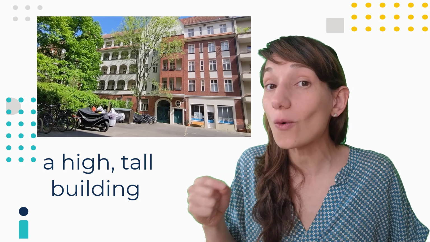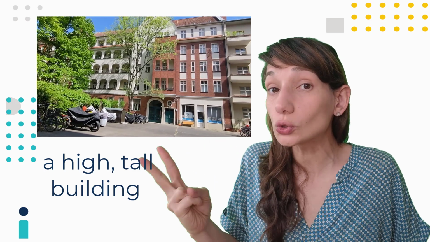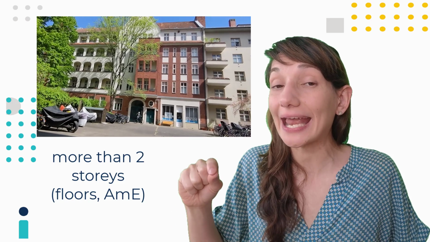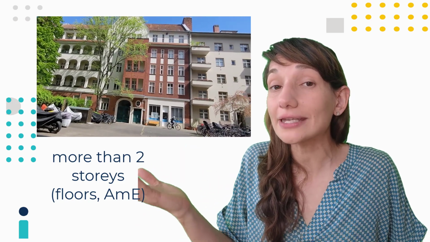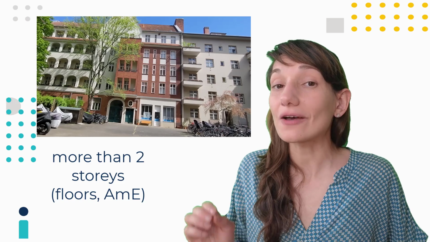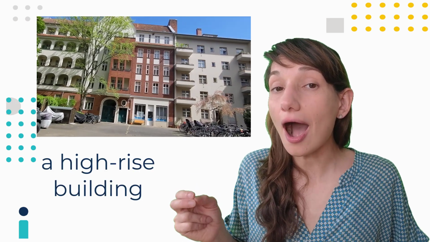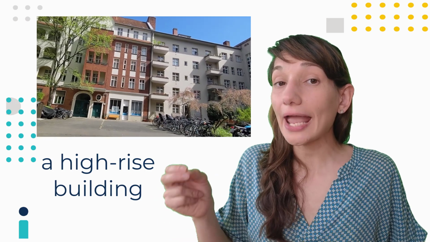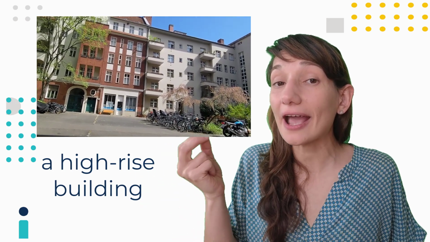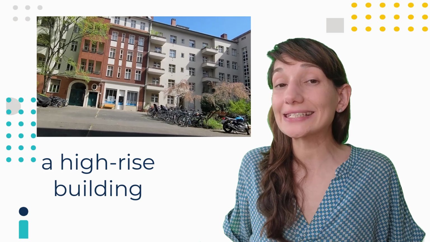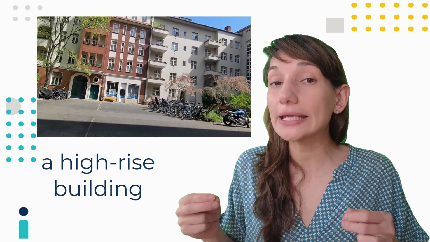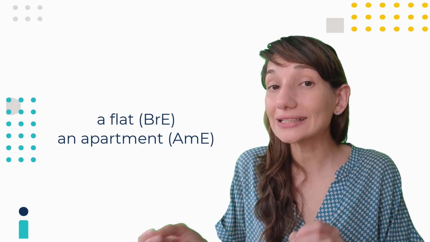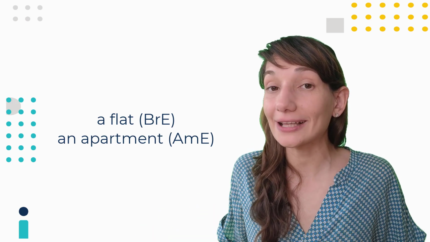It has way more than just 1 or 2 stories or floors in American English, like a private house would. So this is called a high-rise building. A high-rise building like that usually consists of separately owned flats or apartments in American English.